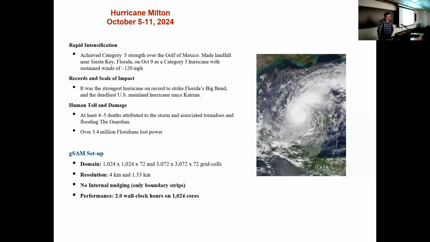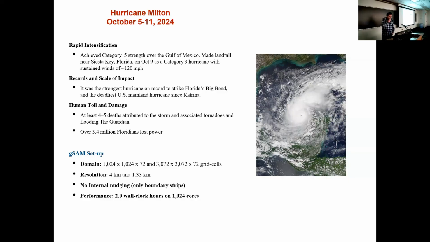It's not that common. So it was interesting to see. And one of the things about this hurricane, it developed into category 5 from a tropical storm in the matter of a couple of days. So it was very fast, rapid intensification.